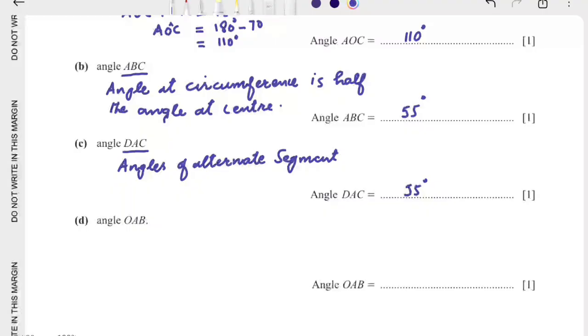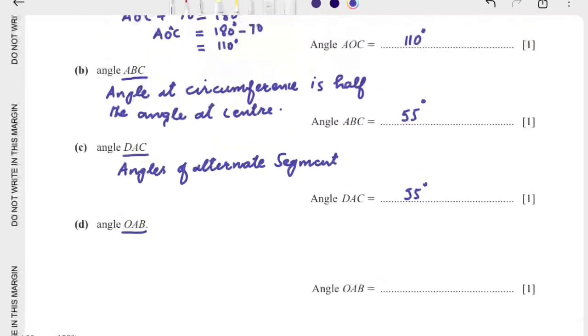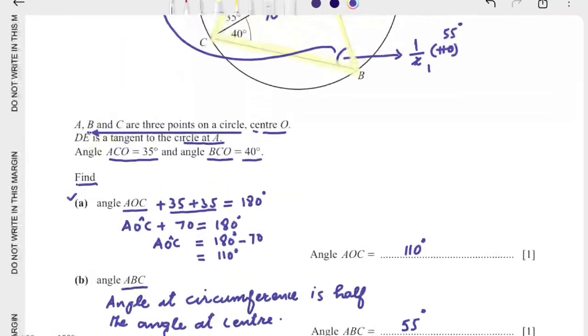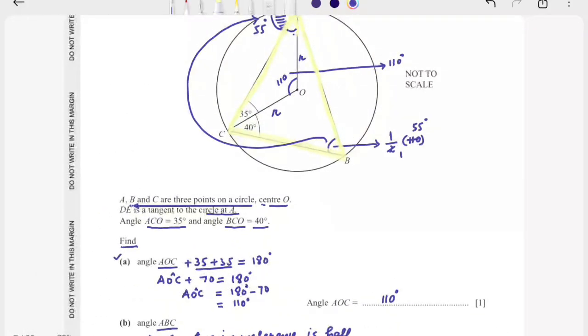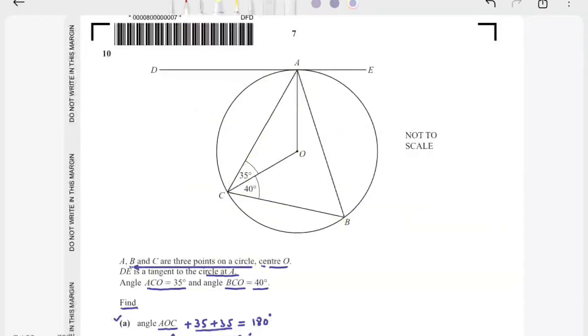Now the last part is angle OAB. So this angle would be this angle. Let me clear previous working. Now students, if you see this angle, and this was 55 degrees, let me draw a separate diagram here.